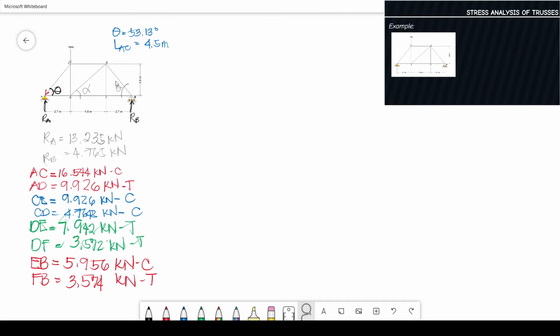So let's proceed at joint F. Find it much easier. Joint F first. At joint F, at joint F, easy lang ninyo.